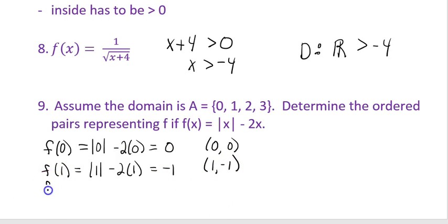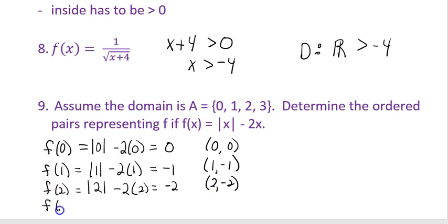Then I do 2. f of 2 is the absolute value of 2 minus 2 times 2. So I have 2 minus 4. That would be a negative 2. Therefore, my ordered pair is 2, negative 2, because I plugged in a 2 and I got out a negative 2.